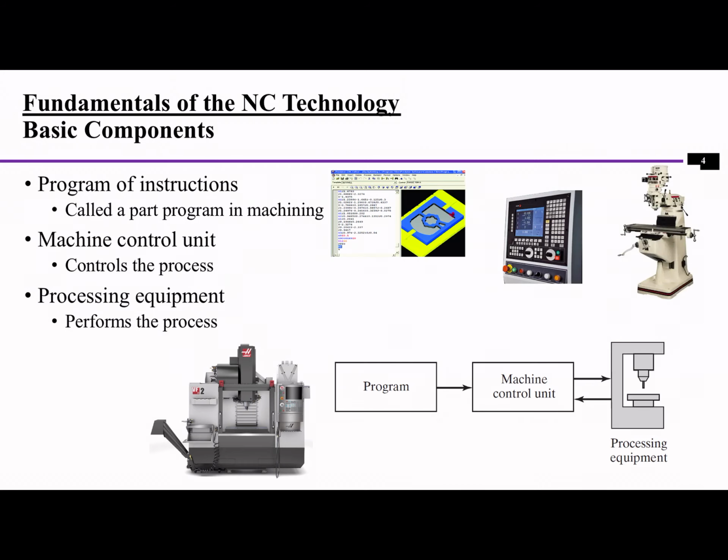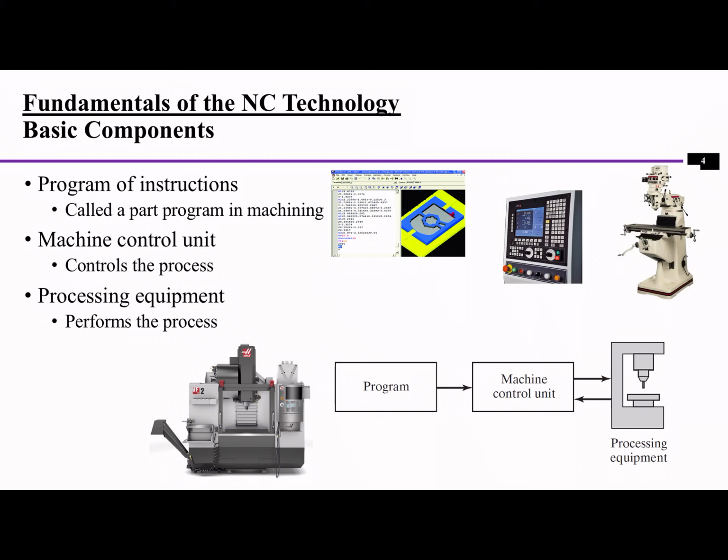Some of the basic components of CNC include program instructions, basically the instructions to tell the machine what to do. The second component is the machine control unit.